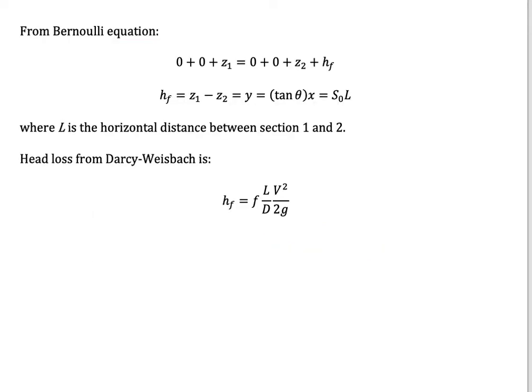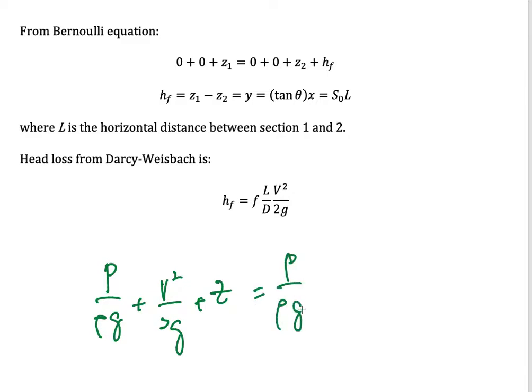Now if we do our Bernoulli equation, I think everybody here is familiar with it, as we used it a lot in Fluid Mechanics 1 and 2. So this is P1 over rho g plus V squared over 2g plus Z1, equal to P2 over rho g plus V squared over 2g plus Z2, plus total loss.